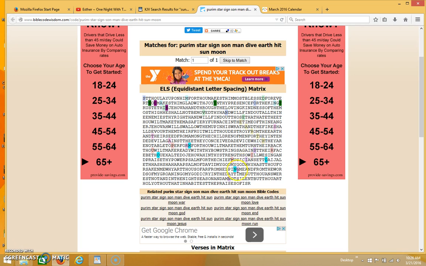And here in the lavender, you have the word sign with the letters S-I-G-N. And in the pink, you have the word star with the letters S-T-A-R. And in the light red, you have the word Purim with the letters P-U-R-I-M.